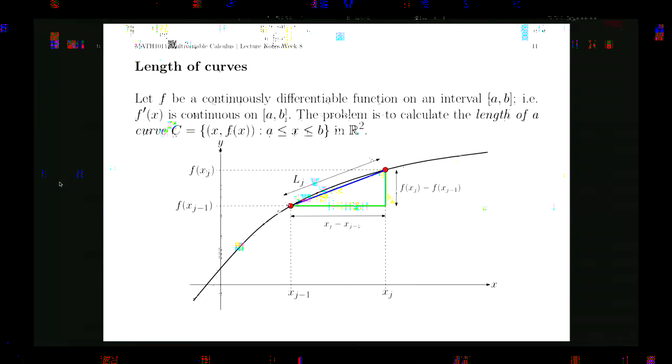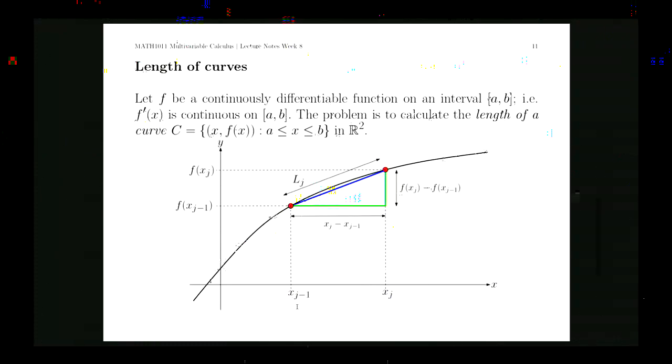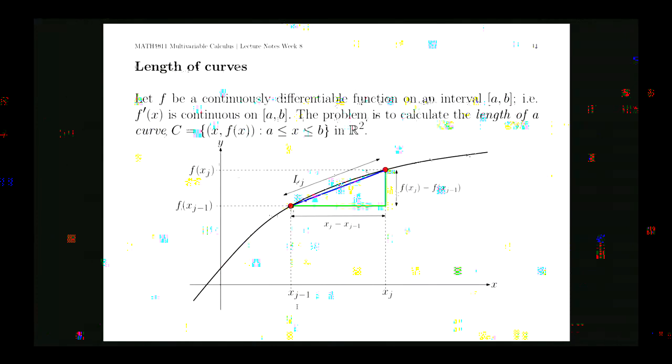If I take a particular slice, say from one value of x, which I've called x_{j-1}, to x_j, however I've decided to partition it, then I know the length between them is just their difference, x_j minus x_{j-1}. I know the difference in the height because I know how to evaluate the function.